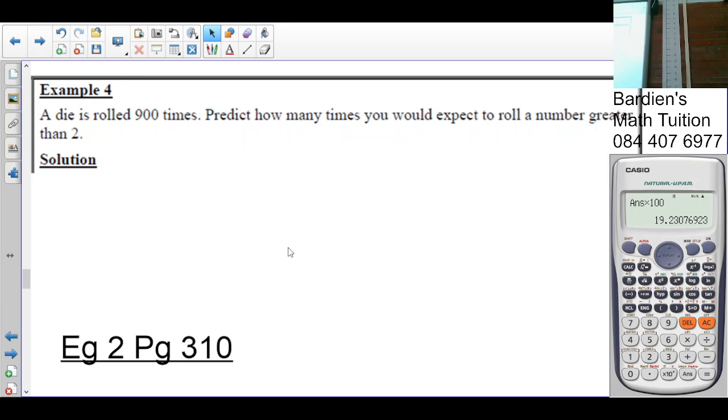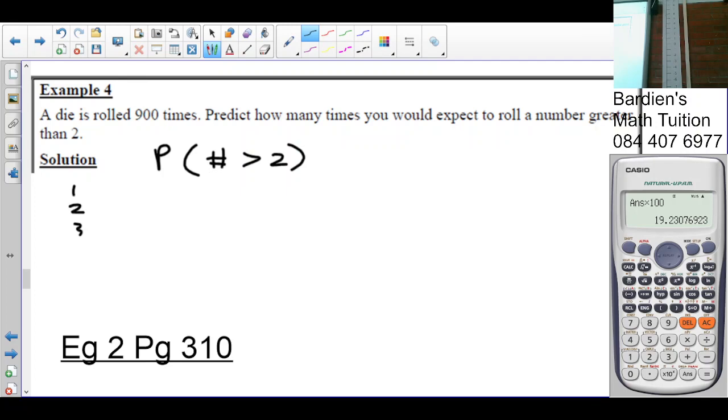So firstly, what is the probability of a number greater than 2? If you're looking at the dice, the outcomes on the dice are 1, 2, 3, 4, 5, 6, 7. No, 6. Can it be a 1? No. 2? No. 3? 4, 5, 6, 7. So how many favorable outcomes are there? 4.